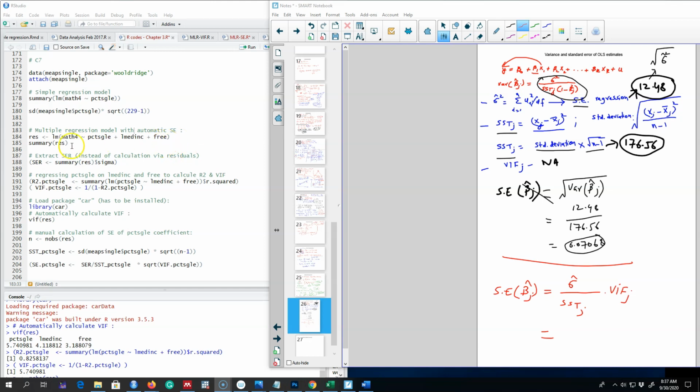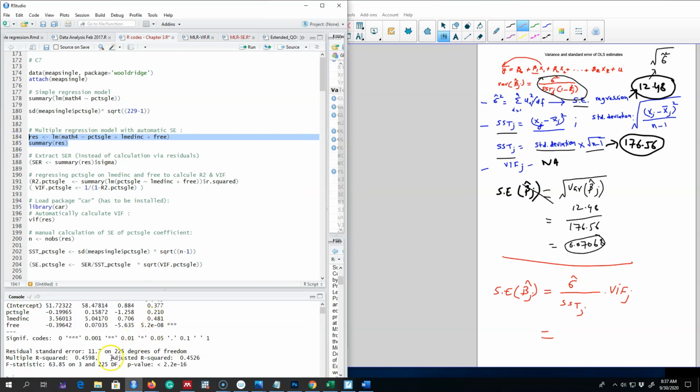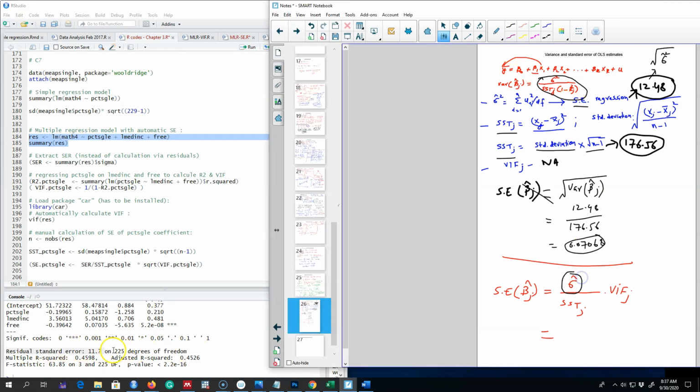I'm going to include these variables and then run math scores on them, and essentially the goal is to calculate the standard error of percent of single households, which is our variable of interest. The first thing I want to do is run the full regression model and note down the standard errors of the regression output. So this is 11.7.